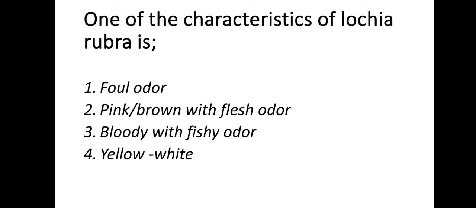Okay, here the question is lochia rubra. There are three types of lochia: lochia rubra, lochia serosa and lochia alba. Lochia rubra will be found from the first day to 3 to 4 days. The special characteristic is dark red, bloody with fishy odor.